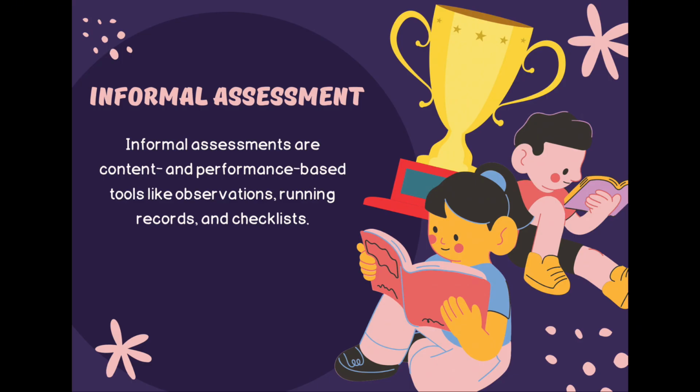So this includes things like observing how well a child reads a book, using checklists or writing down notes about how they perform in class activities. These don't usually give a fancy score, but they help teachers decide what to teach next.